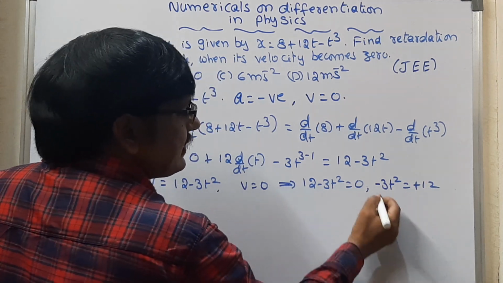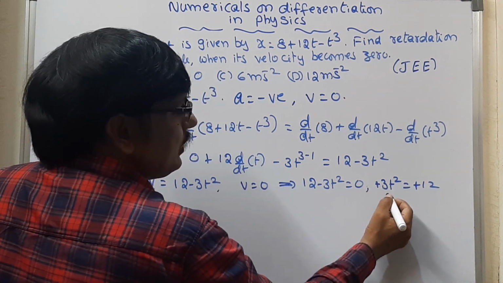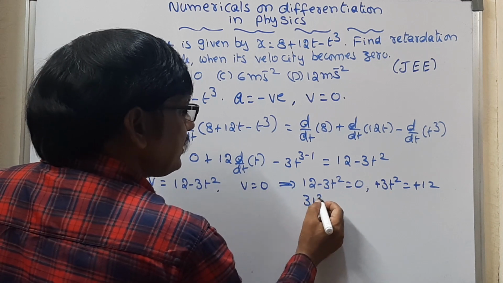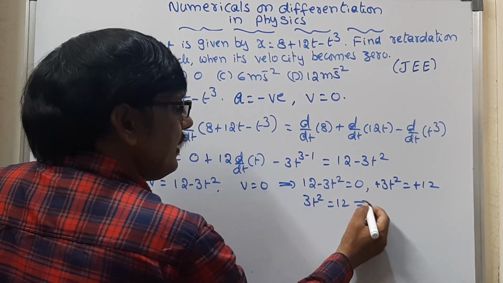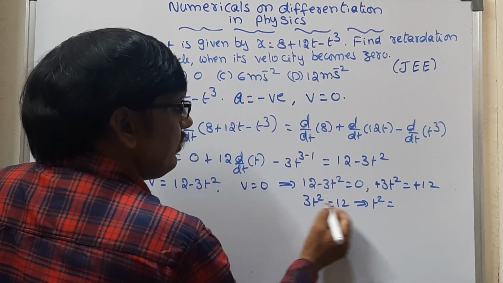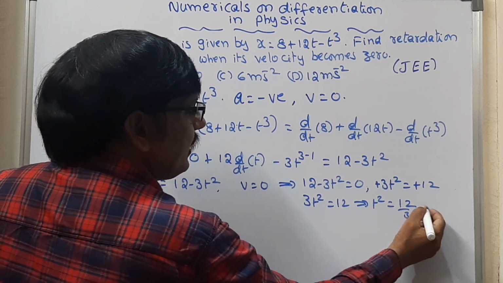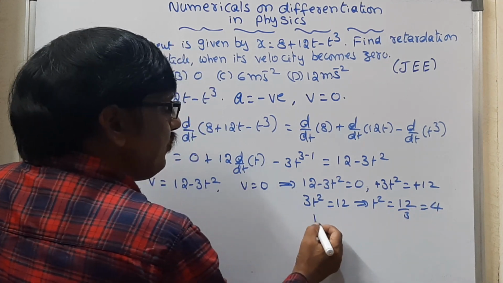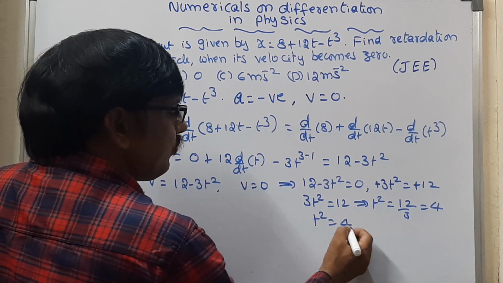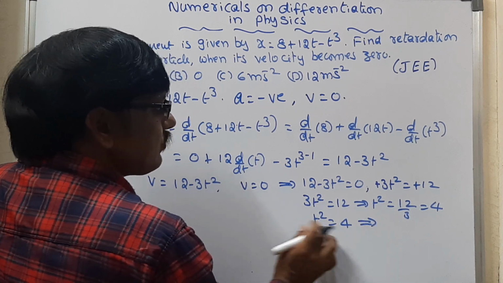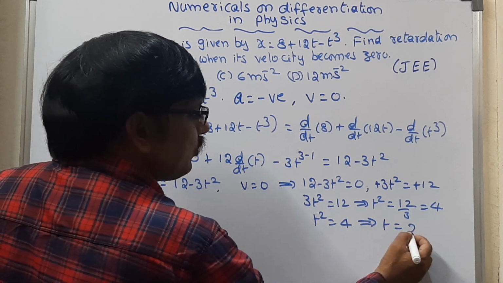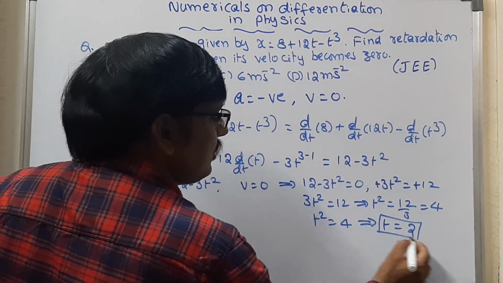Cancel minus on both sides, so 3t square is equal to 12, then t square is equal to 12 by 3, that is 4. Taking the square root, t is 2, and so we got t is equal to 2 seconds.